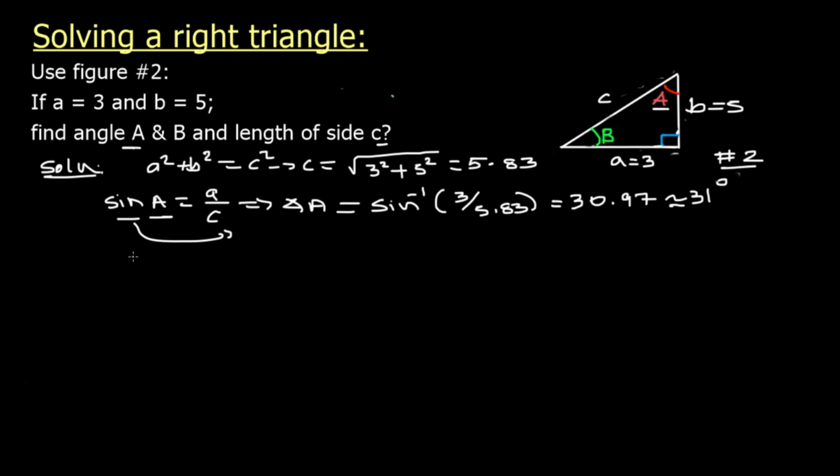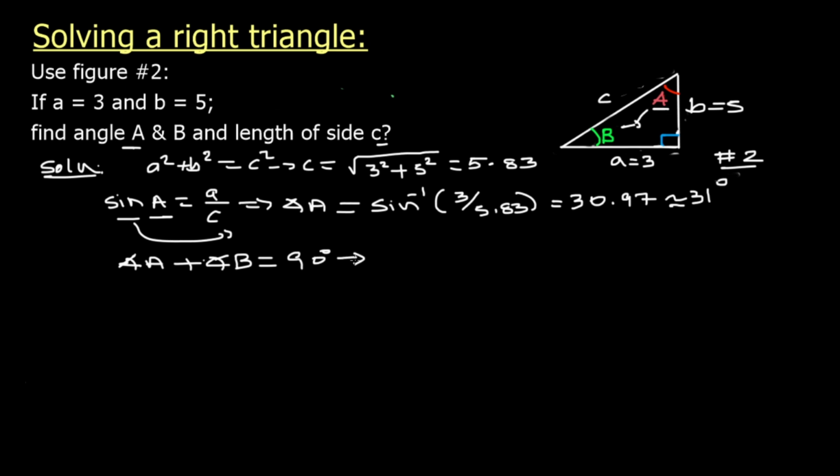We know angle A plus angle B, the measurements of angles A and B, must be equal to 90 degrees. These two angles, when you add them together, give 90 degrees, and this is a perpendicular angle of 90 degrees, so two 90s give you 180 degrees, which is the total angle measurement in a triangle.